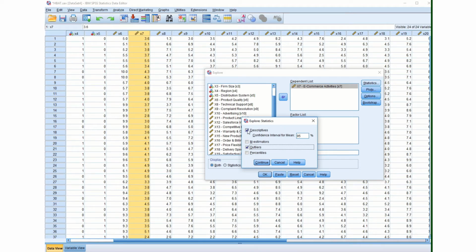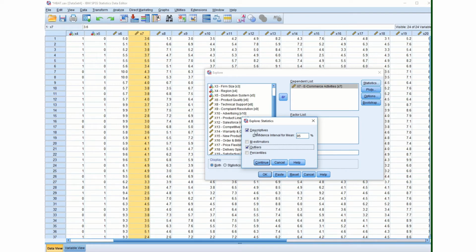We have descriptives. It's actually handy to do outliers because SPSS will automatically look for observations that fall away from the mean, but we want to be a little bit more specific so we know what we're doing.